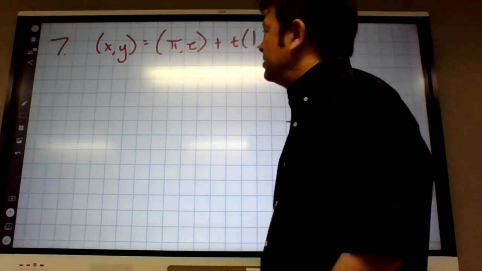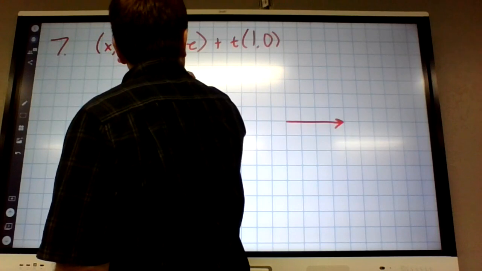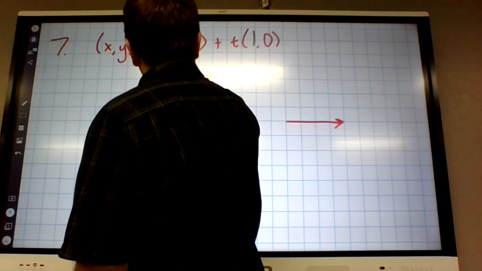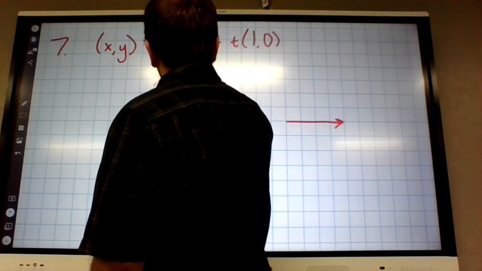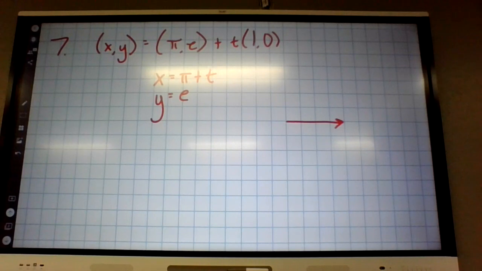Okay. Pi plus t, and the y value is constant. It's not going to go up or down.